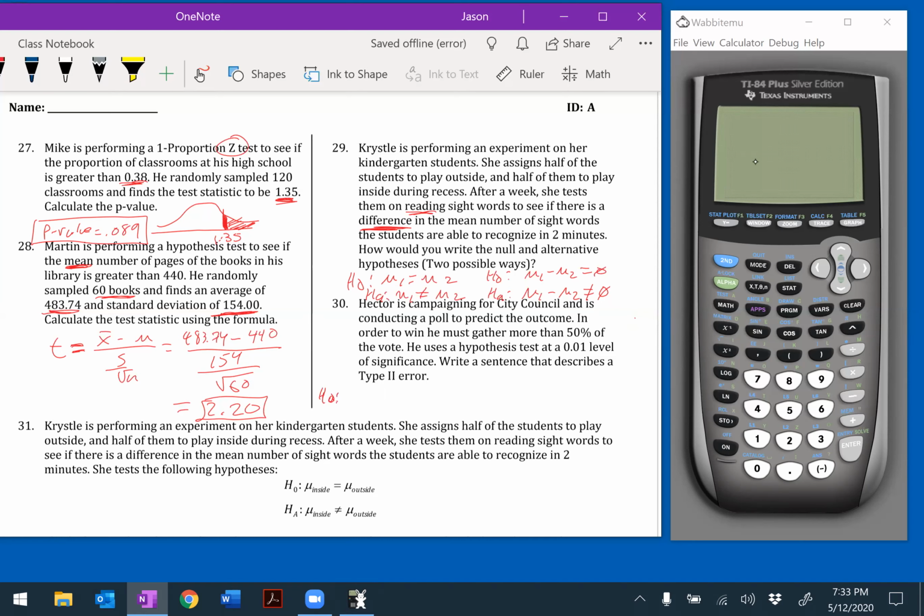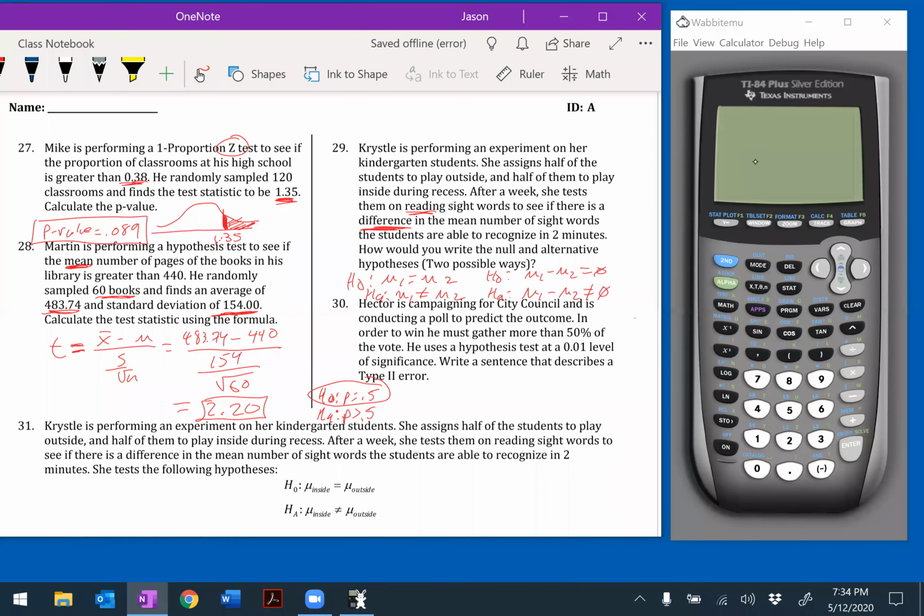H0 is that p is equal to 0.5. HA is that he wins. In order to win, he must gather more than 50%, so the alternative is that he wins. The null is that he loses.